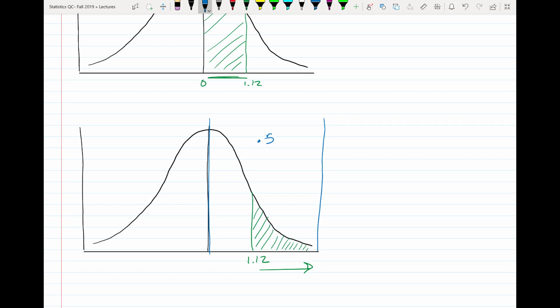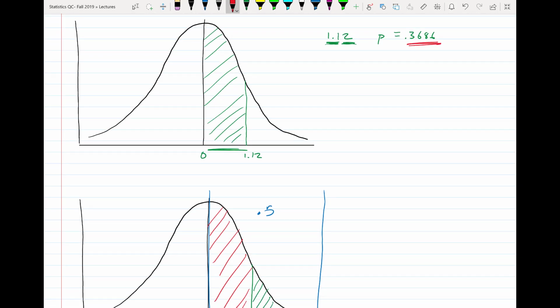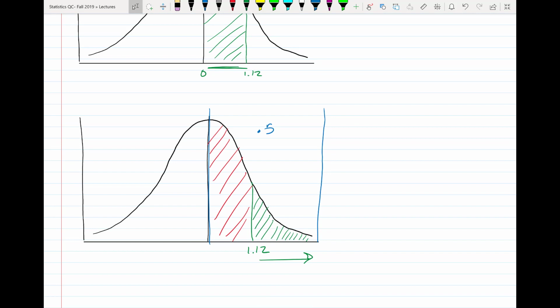We're given in the table this area over here, and again, that is 0.3686. So we have to subtract 0.3686 from the total.